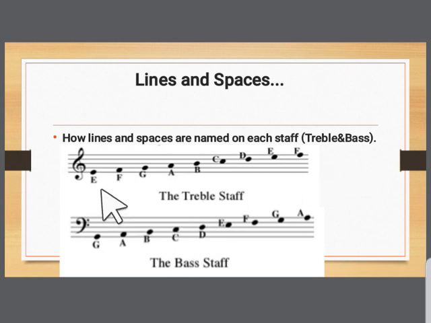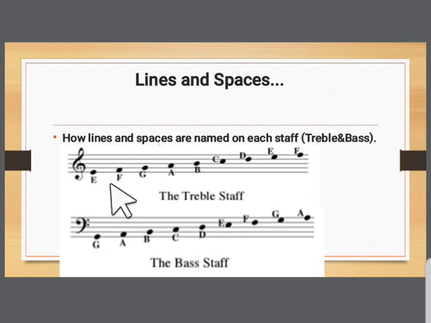Okay, so on the treble staff, this is how lines and spaces are named. The first line from the bottom is named E. The first space, the space above the first line, is named F. The second line is G. The second space above the second line is A. The third line B, then C, D, E, F. So it continues like that.